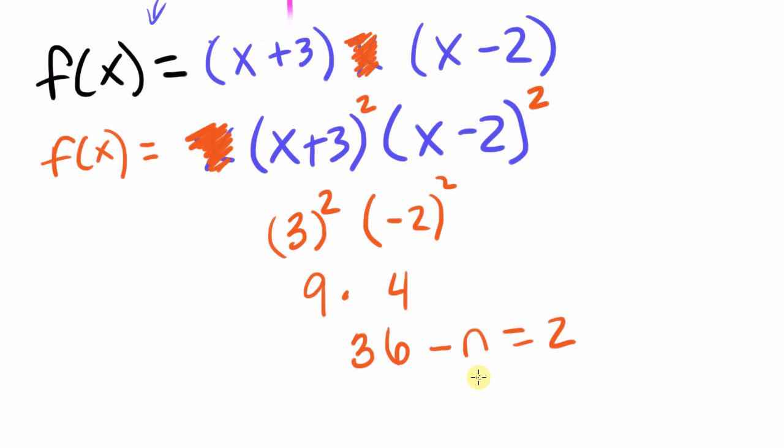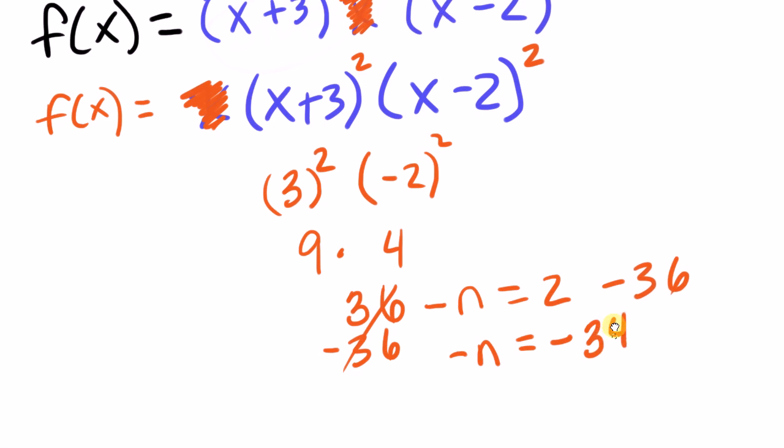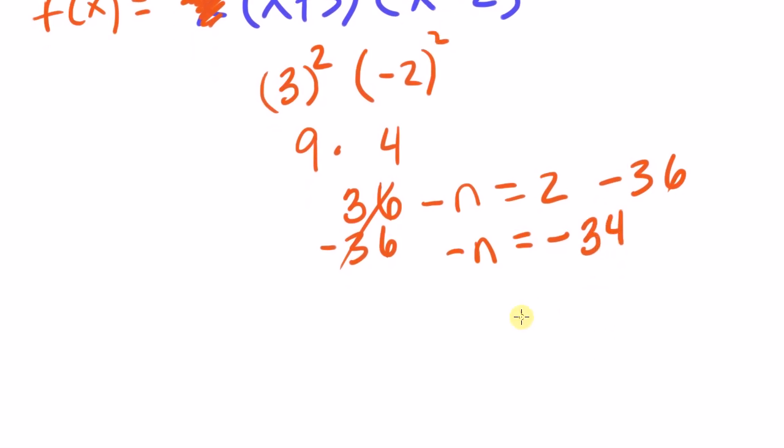Alright, so we subtract 36 from both sides. We get negative n. I know that you probably already know this answer, but I'm going to get somebody to comment on the video asking how did you get that? So I'm just going over it. So we have a negative 34 divided by negative 1. Those cancel, and it equals 34.